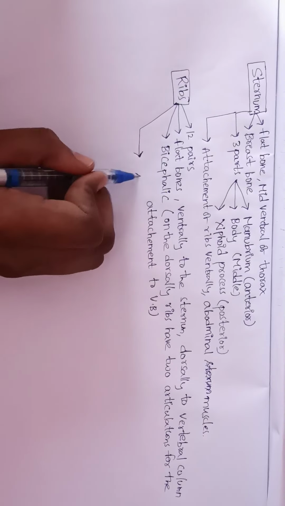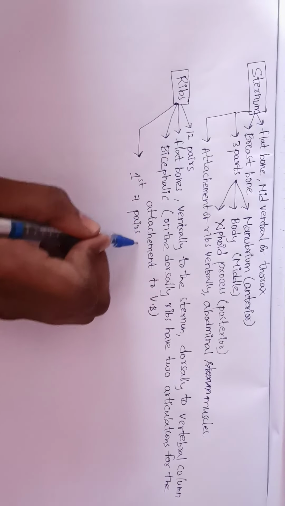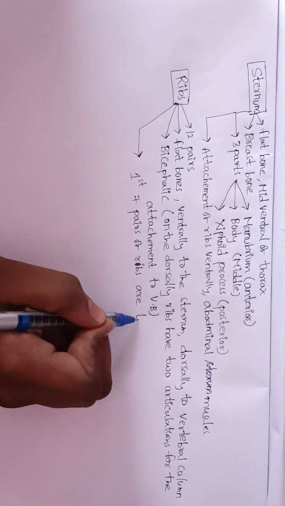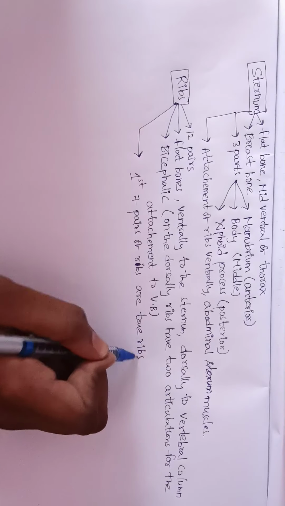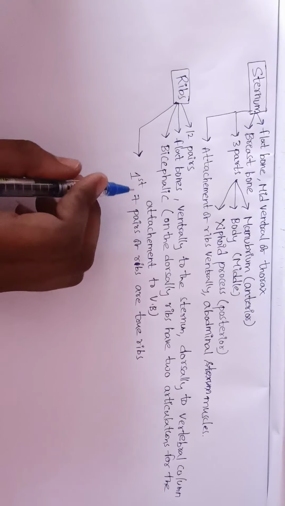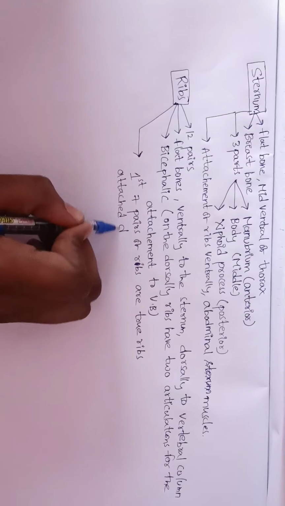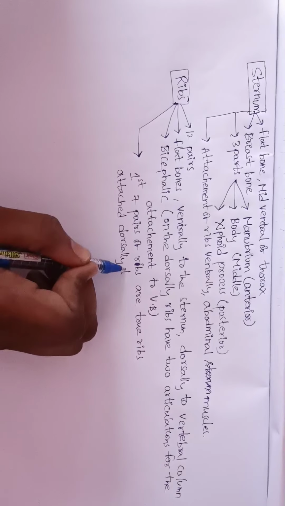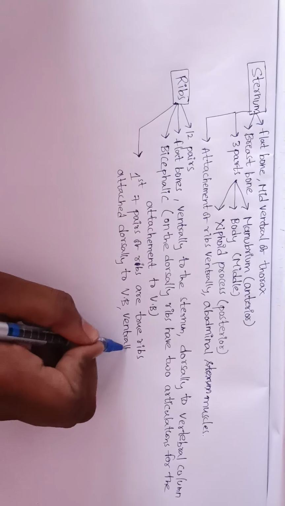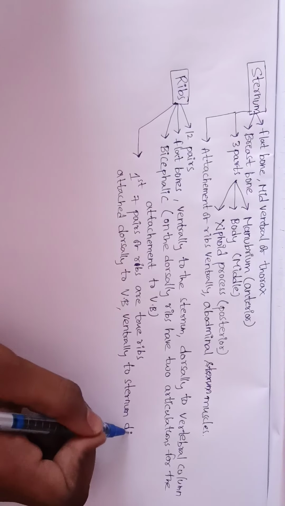In 12 pairs, the first seven pairs of ribs are true ribs. Why can we call them true ribs? These first 7 pairs of ribs are attached dorsally to the vertebral column and ventrally to the sternum directly.